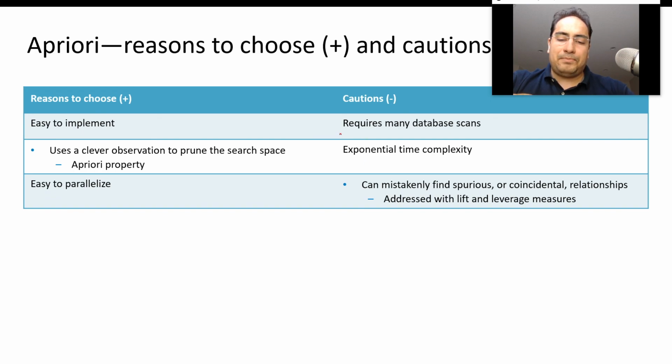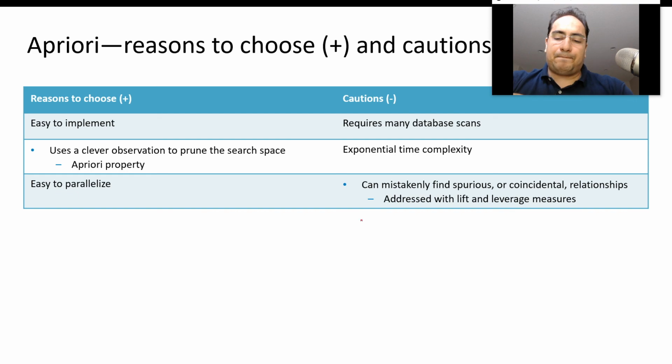The con is that it requires many database scans. First it goes through item sets of size 1, then it goes back to count the ones that contain both, and then it goes back and back. So it has an exponential time complexity. It could be better if you use, I don't know, somehow dynamic programming or just count everything one at a time.